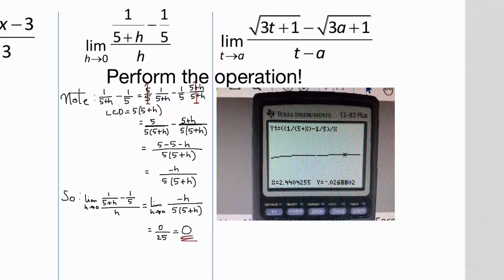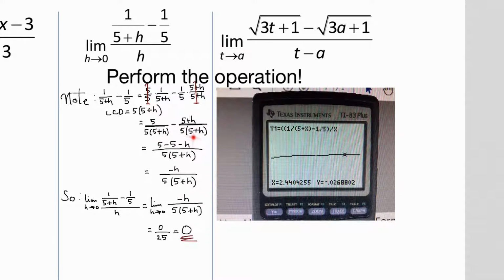And so our job then is to multiply each of the fractions by some version of 1 so that they can each achieve the common denominator. So for the first fraction you can multiply by 5 over 5, and the second fraction you can multiply by 5 plus h over 5 plus h.